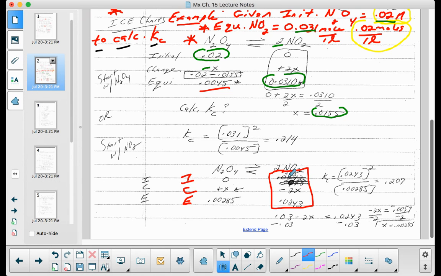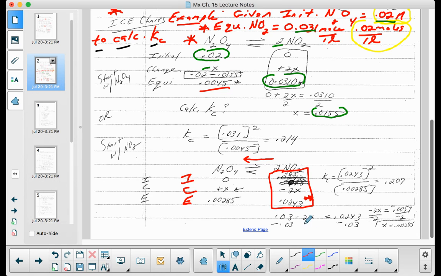If I start out with 0.03 moles per 1 liter of the NO2, now it's going to go back, it's going to start out in this direction. So this is the side that's going to go down by 2x. This would be a given in the problem. And so what I know is that 0.03 minus 2x is equal to that given information in the problem.